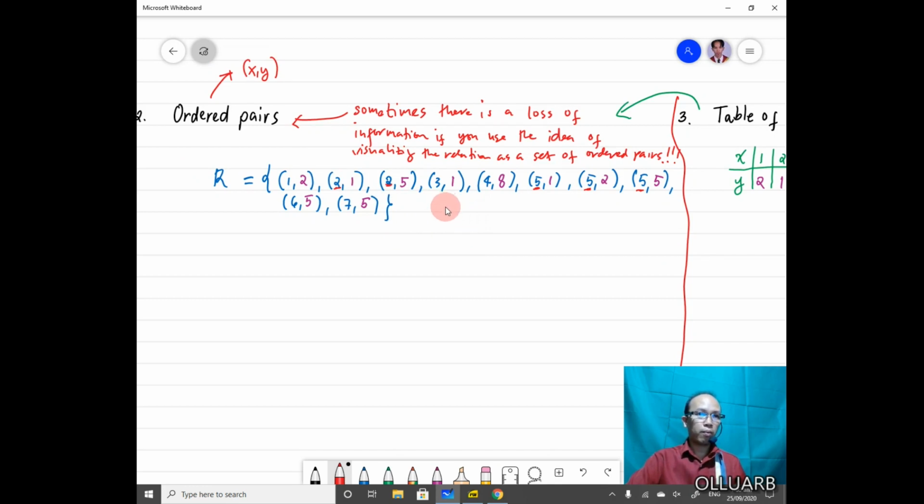So if you are given an example or a question later, if the first coordinate is repeated, then it is a relation.